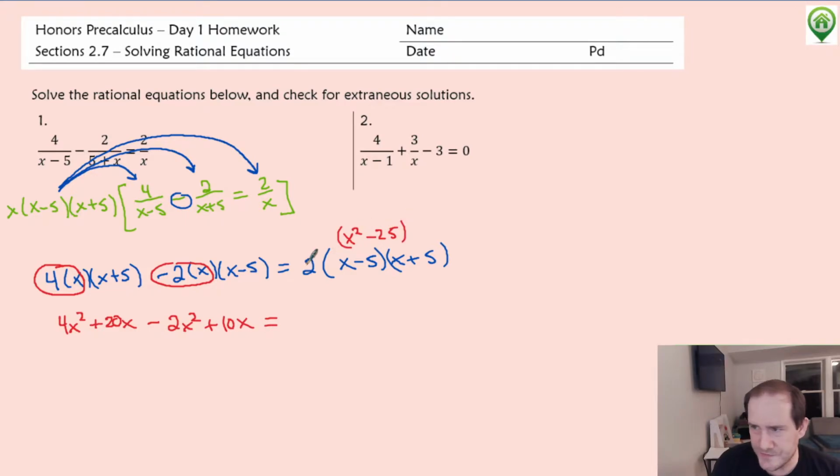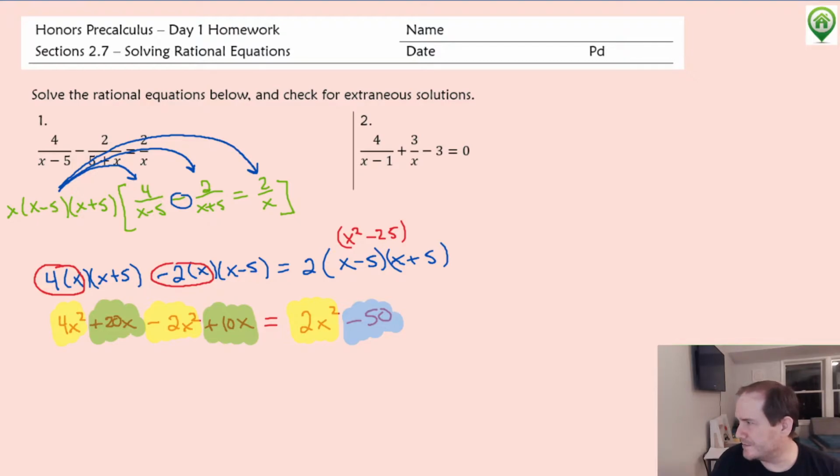So just imagine distributing your 2 onto that. You get 2x squared minus 50. It still seems like an alright idea to color code things. So we've got a quadratic term, quadratic term, quadratic term, linear term, linear term, and then a lonely constant right there.